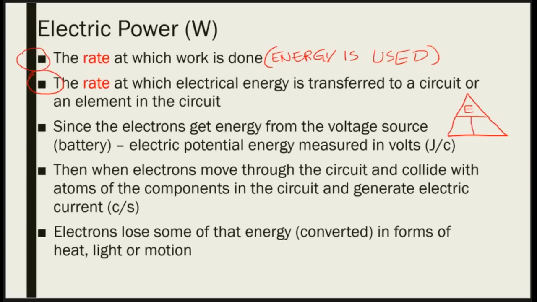What do you measure using coulombs? Charge, Q, yes. And what's missing here? It's the V. Voltage is equal to energy divided by charge. What about this one? Coulombs per second. That's this triangle.